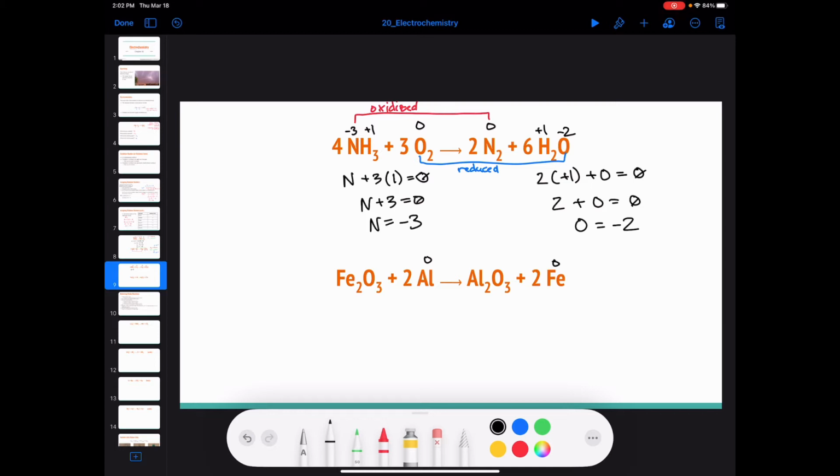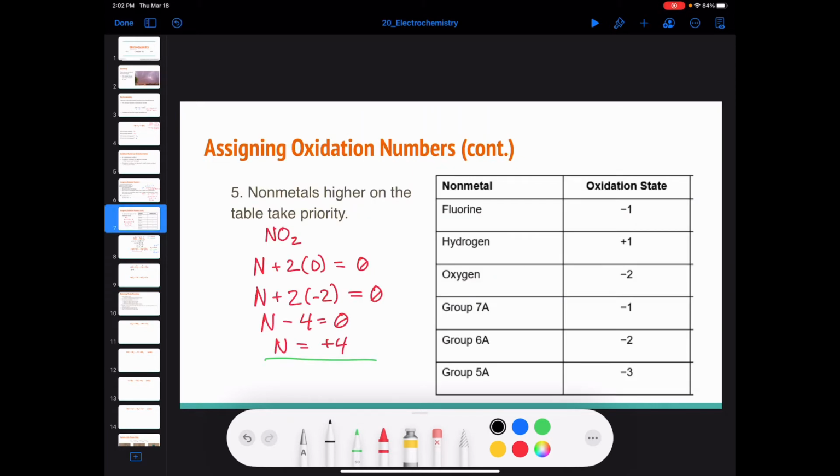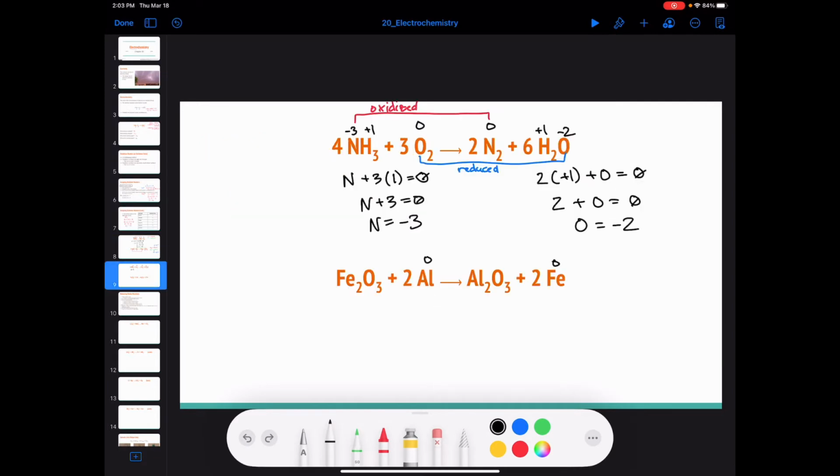All right, so let's see. What else do we have? Well, if we keep going down these lists, we'll eventually find oxygen, and we're going to give oxygen a -2. Let's give oxygen a -2 in both cases. That means that the iron and the aluminum have to get stuck with whatever's left over, right?